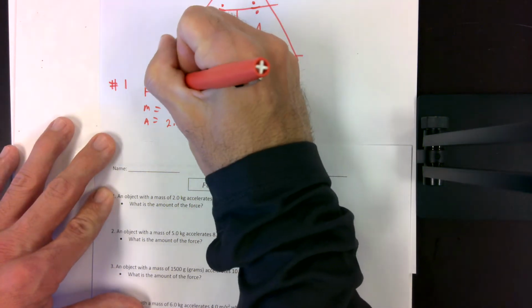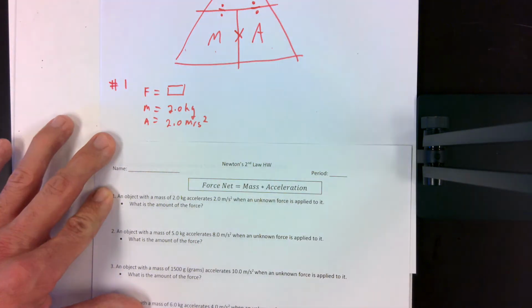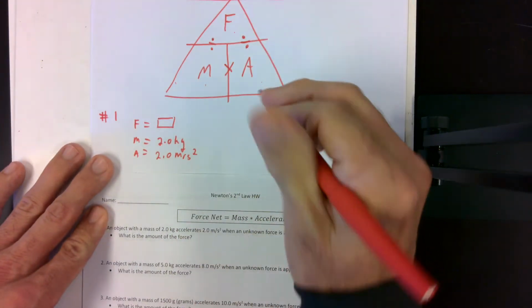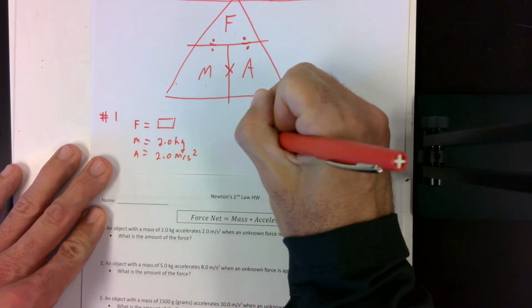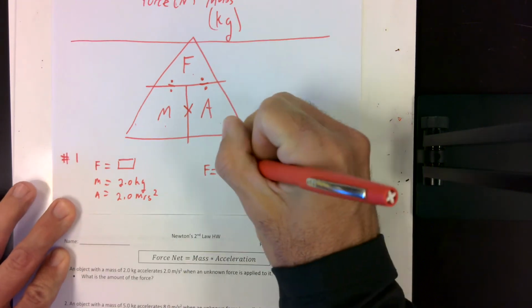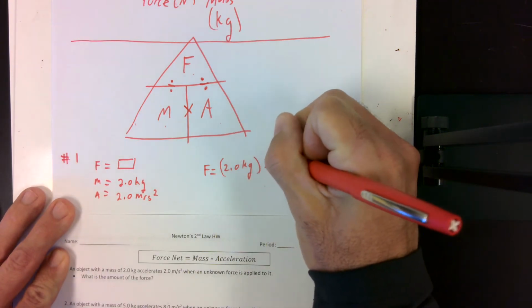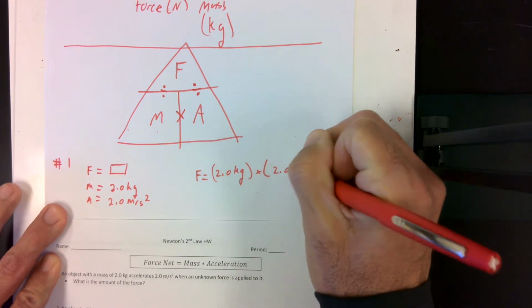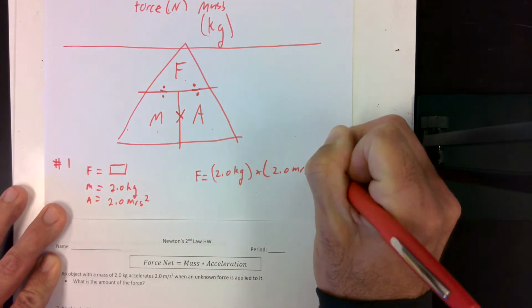Now what we have to solve for is our force. So in this problem, we would say, okay, force equals the mass, which is 2.0 kilograms, times the acceleration, which is 2.0 meters per second squared.